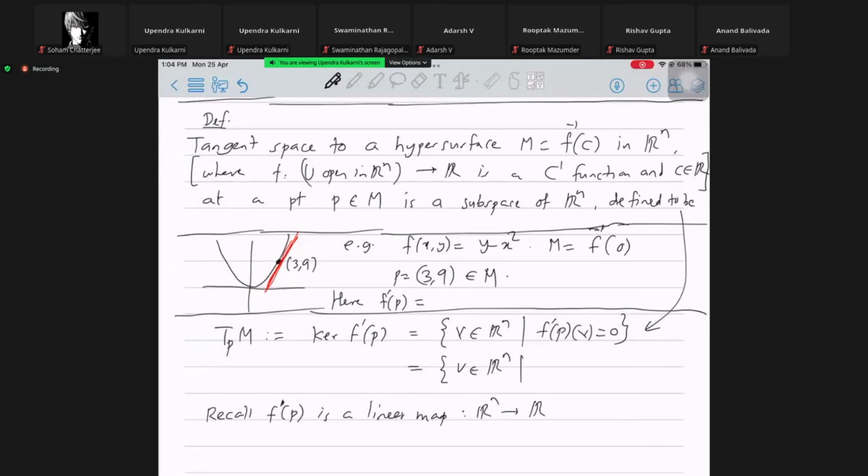In other words, it is just the matrix of partial derivatives. So what are the partial derivatives over here? I simply calculate the partial with respect to x, so that is minus 2x, and with respect to y, but evaluated at (3, 9). In other words, what is the map?